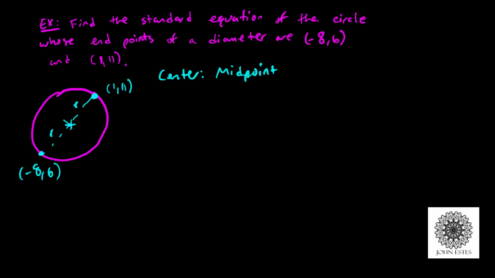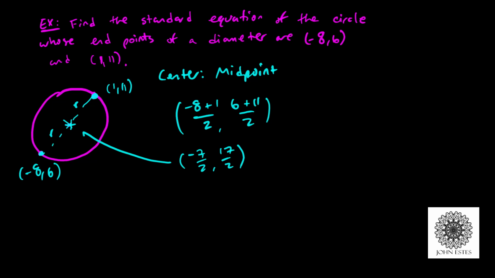So my center here is the average of the two x-coordinates, -8 and 1, and the average of my y-coordinates, 6 and 11. So my midpoint is (-7/2, 17/2).